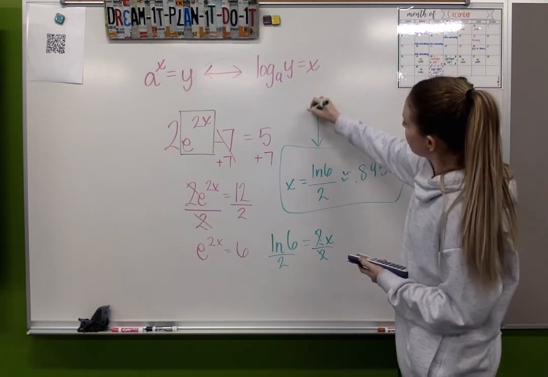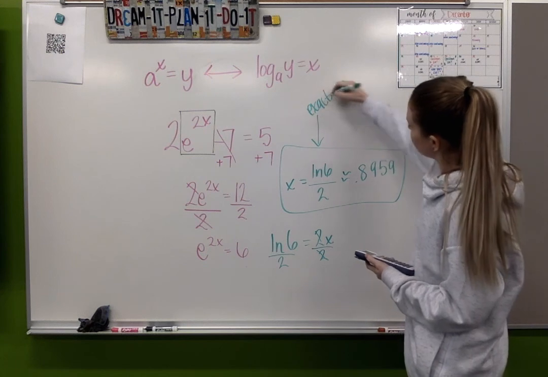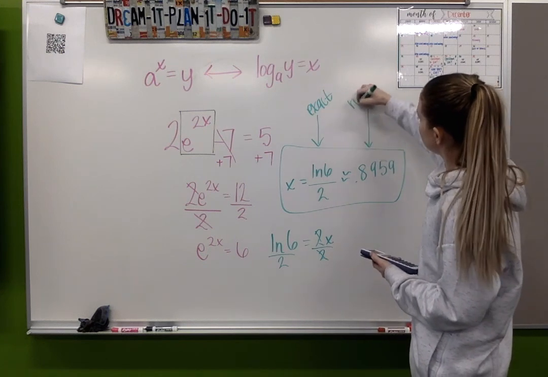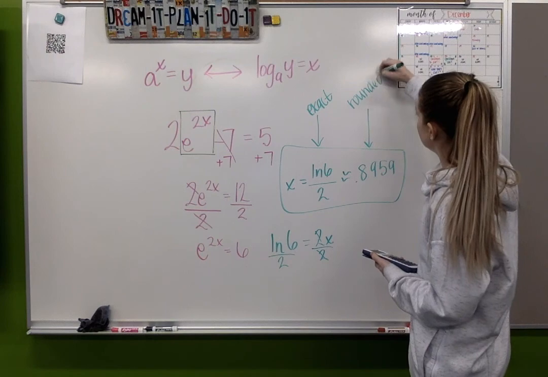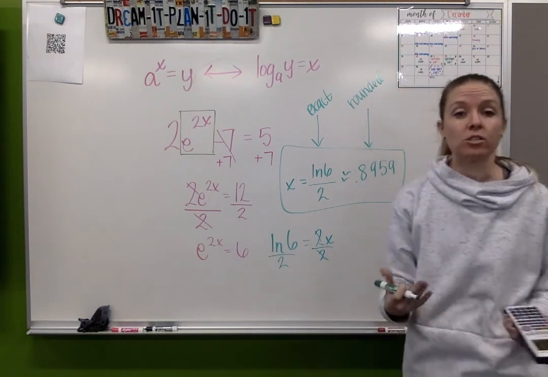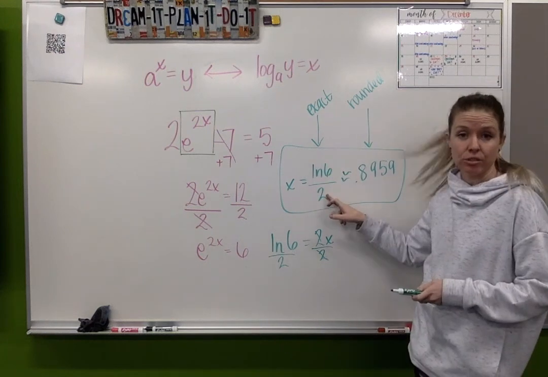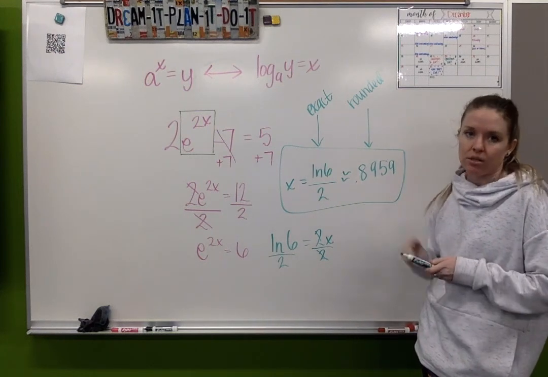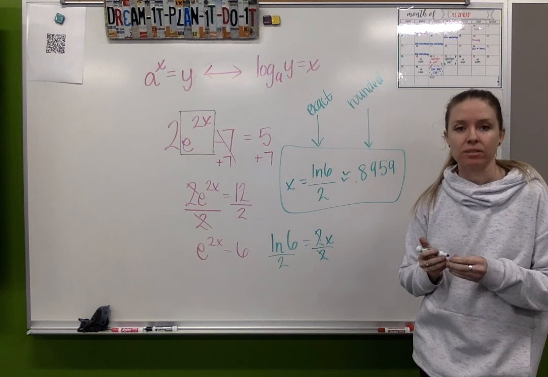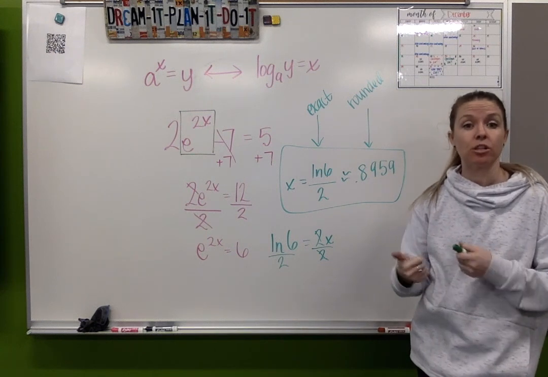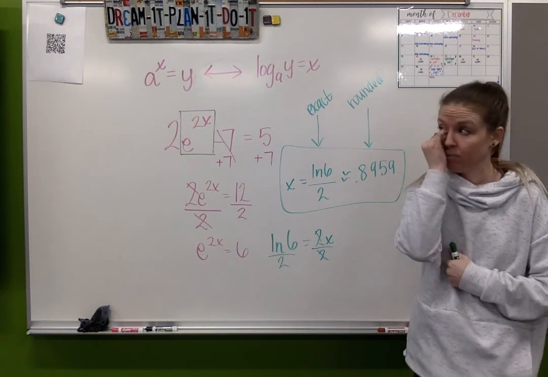This guy is my exact answer, and this is a rounded answer. So if we're solving an equation isolating x, we can keep it as the exact solution versus the rounded. But if I ask for the rounded, give it a shot. See if you can make sure you're plugging it into the calculator properly.